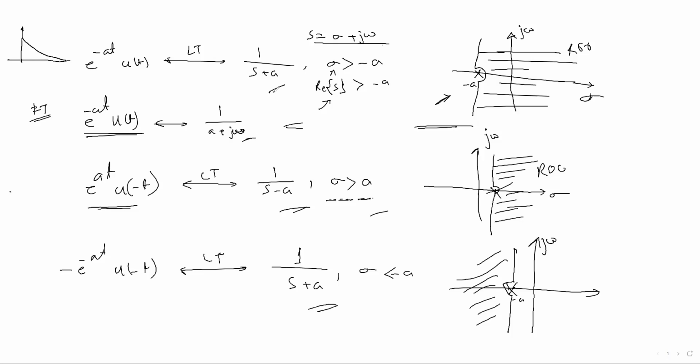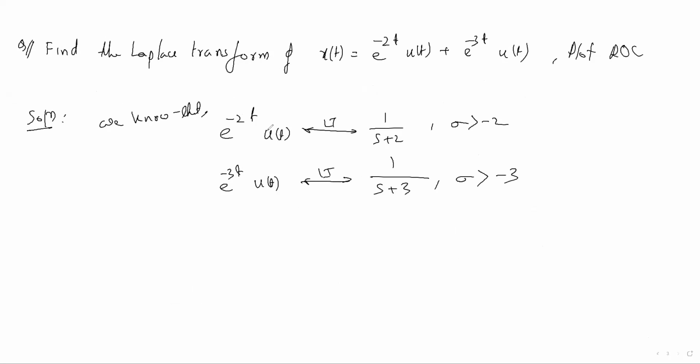Okay, it's similar to this 1 by s plus a. When you practice more, you can see those things. Some relation is there between the transforms, like the Laplace transform and the Fourier transform. So you should know the Laplace transform of this. Otherwise, you have to do integration to find it, and then solve the remaining problem.